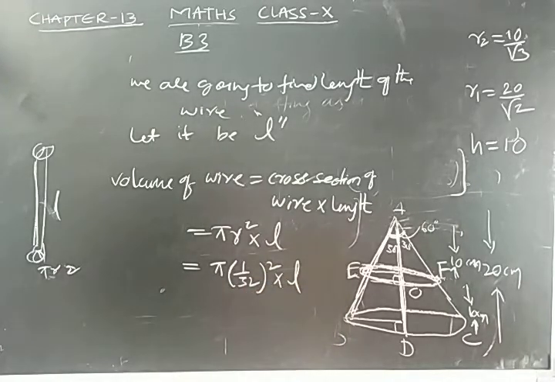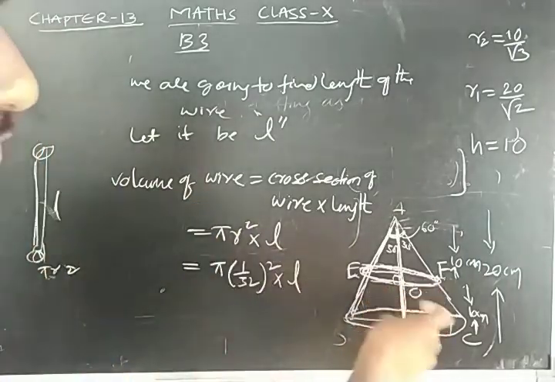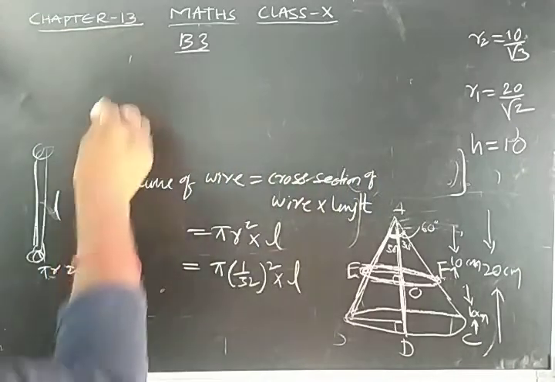This is the volume of the wire, and the volume of the wire will be equal to the volume of the frustum of the cone.